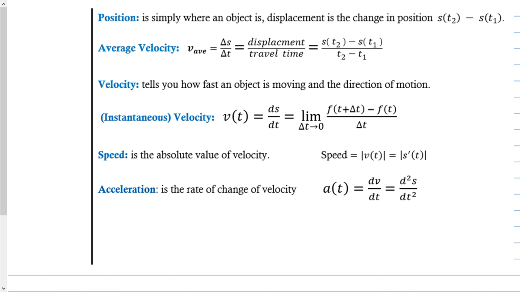So here are a few definitions or what things stand for. Position is simply where an object is. Displacement is the change in position. So we will normally see position written as one of two things: s of t, so instead of f of x, it'll be s of t for position, or x of t, which is really weird, right?